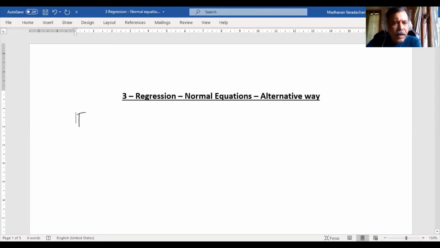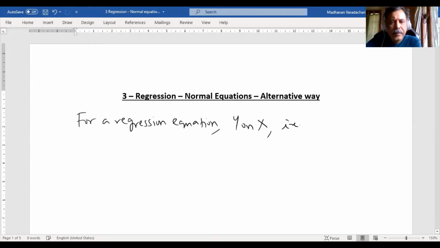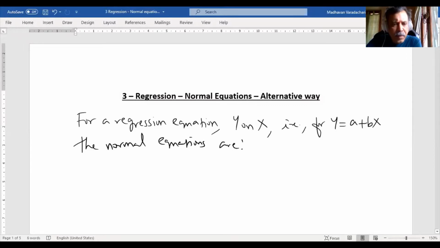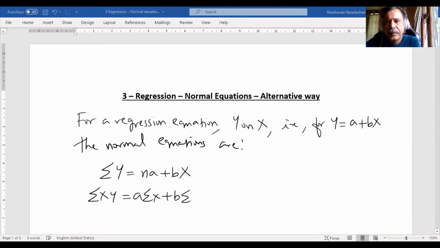We had seen, for a regression equation of y on x, that is, y equal to a plus bx, the normal equations are: the first one is sum y equal to na plus b sum x, and the second normal equation is sum xy equal to a sum x plus b sum x square.